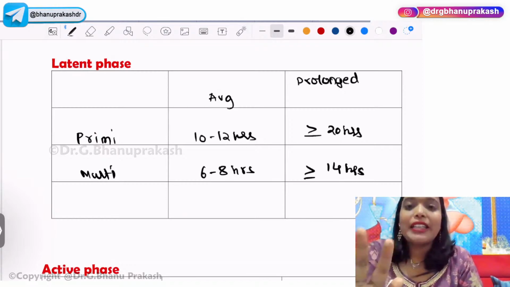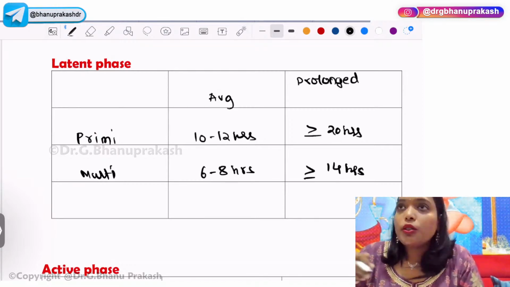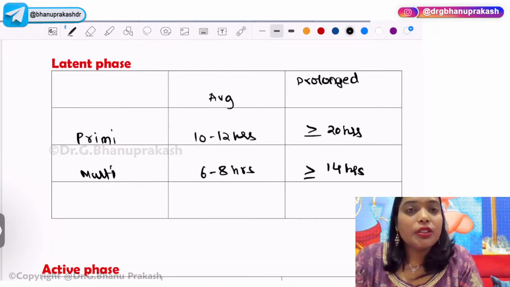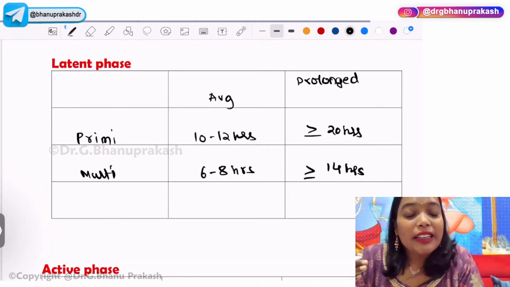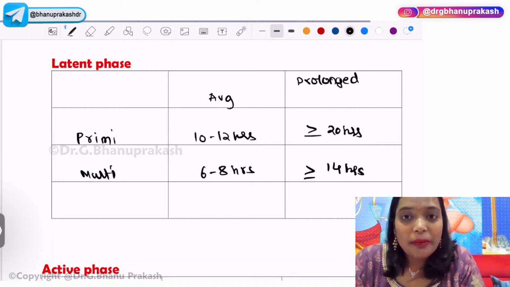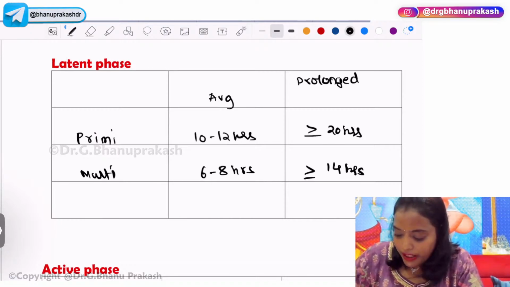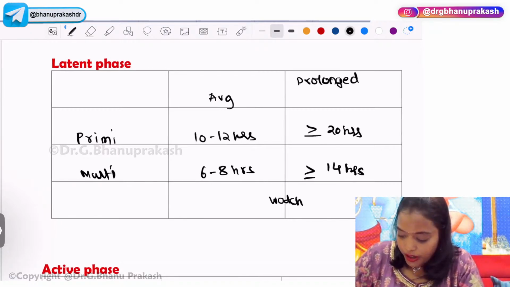For your exam purpose, just remember this. Whatever they might tell, like she was 2 centimeters at 2 p.m., at 10 p.m. she became 5 centimeters, fine. Latent phase, let it take its own sweet time. So in latent phase, just watch for progress of labor.